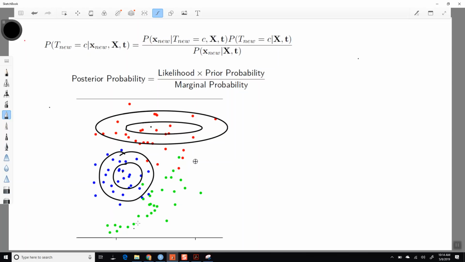And then over here, we do try to model the covariance, okay?